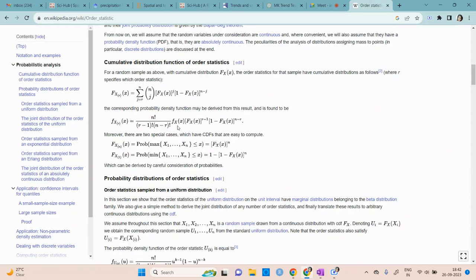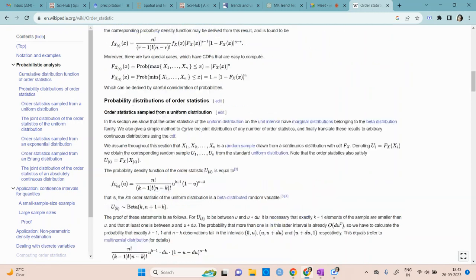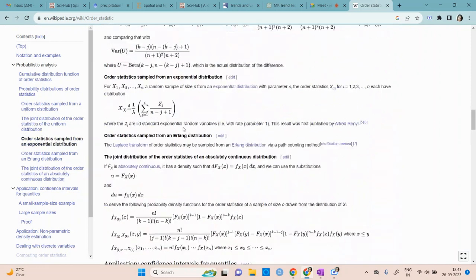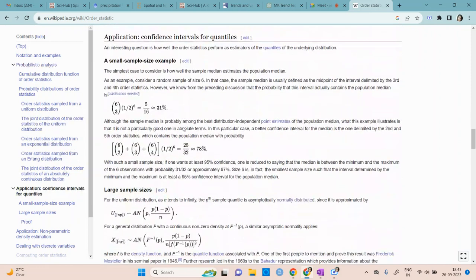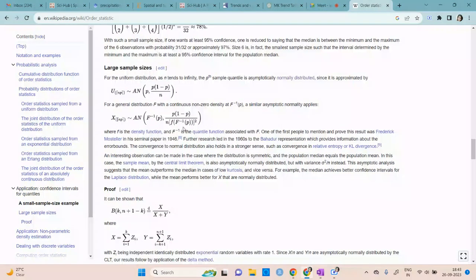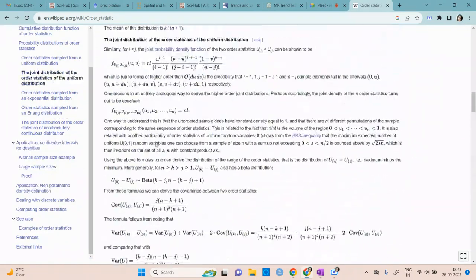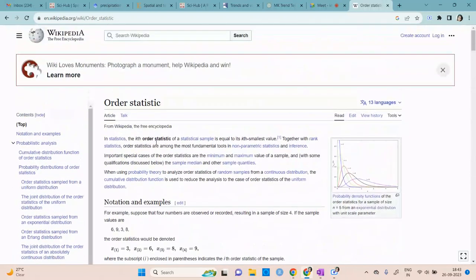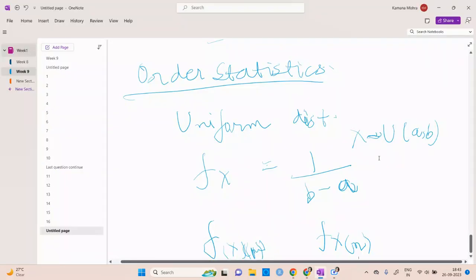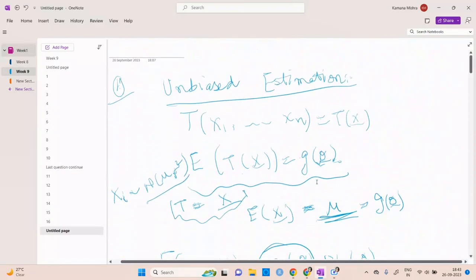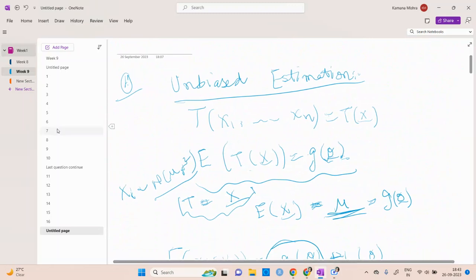You can just put these values into the formula and find the order statistic for that kind of distribution. Similarly you can find it for the exponential distribution, and for the Erlang or gamma distribution. These are some examples you can do on your own also. These are the basic things we needed for this class.